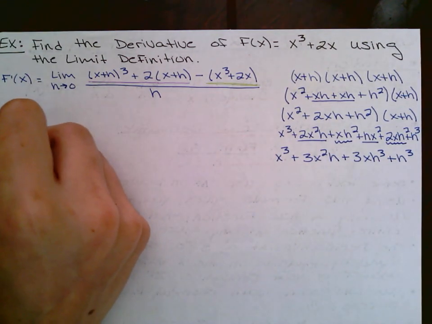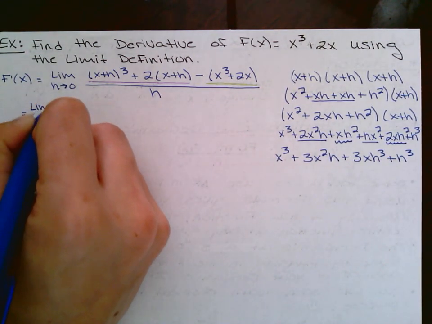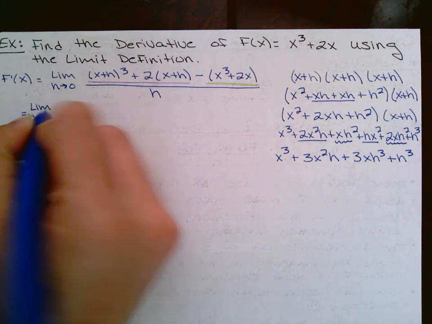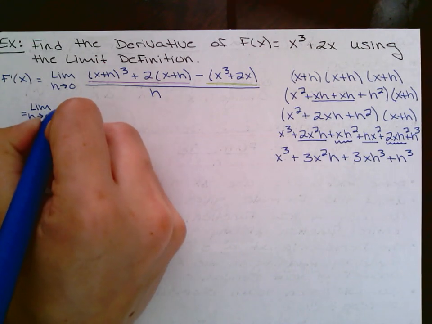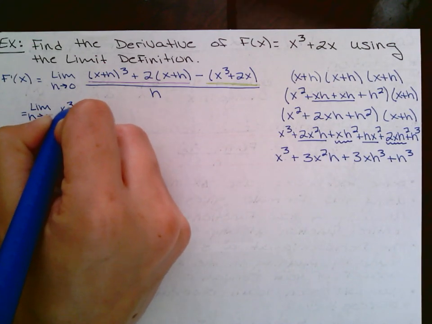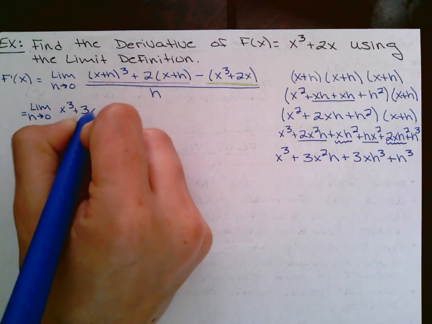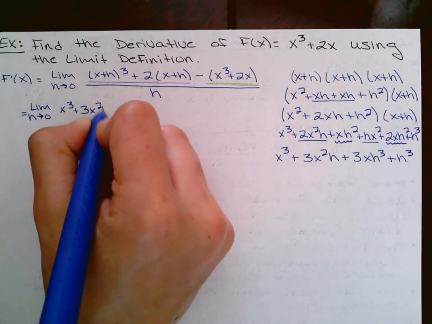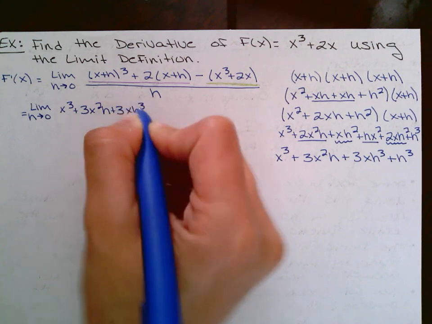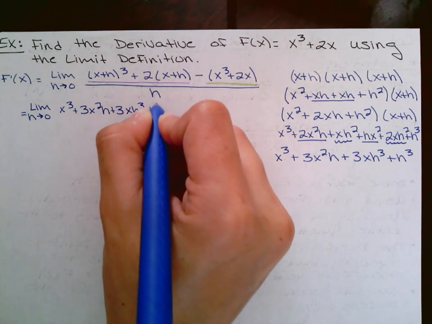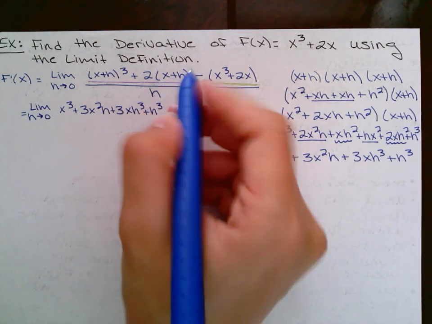So now I can say the limit as h approaches 0. This portion becomes all of this. Now I have to distribute this 2.